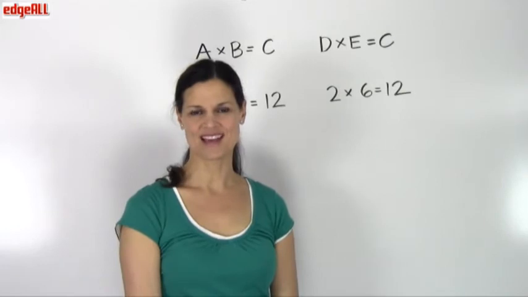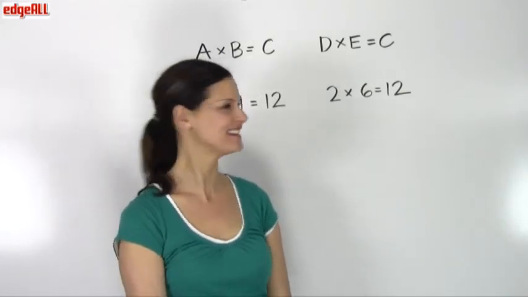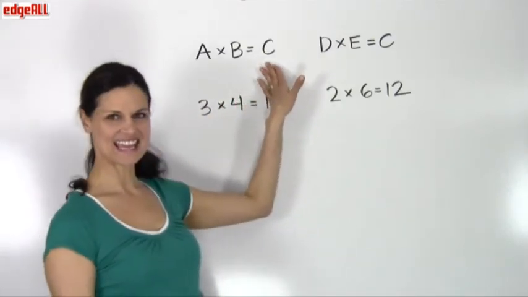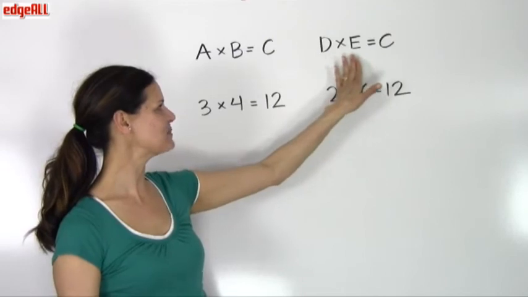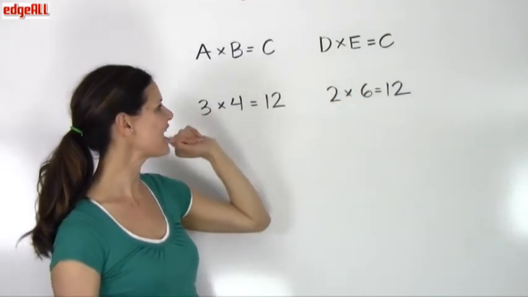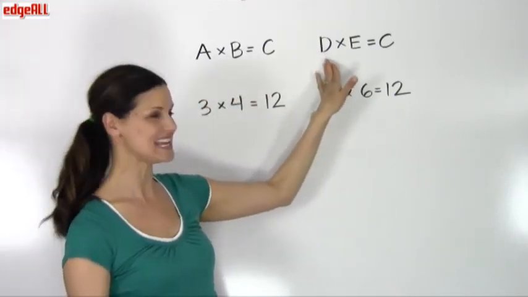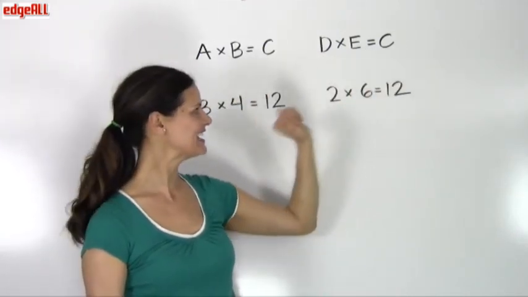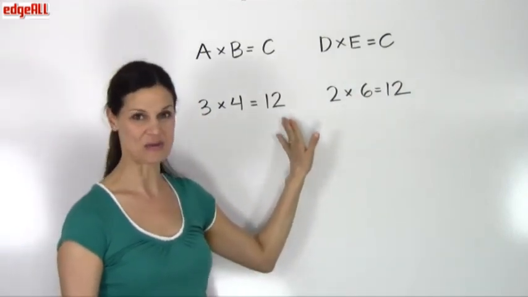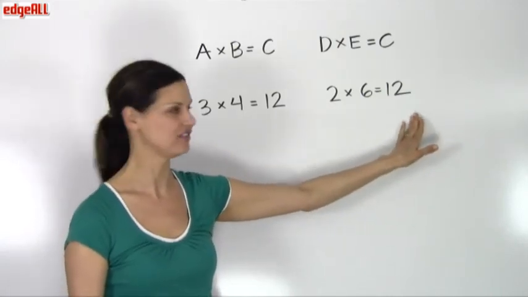Common multiples are multiples shared by two or more numbers. So if I have A times B equals C and D times E equals C, then C is a common multiple of A, B, D, and E. So looking at it with numbers, I've got 3 times 4 equals 12, and also 2 times 6 equals 12.